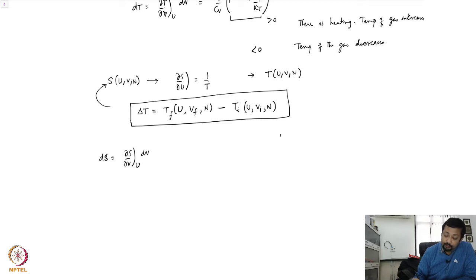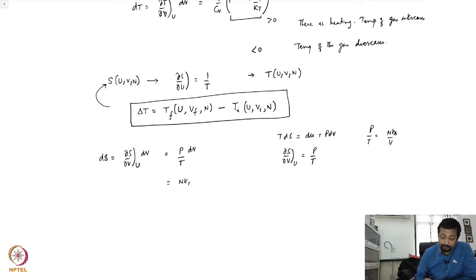And if you look at the first law, which was TdS = dU + PdV, then you see that (∂S/∂V) at constant U is actually P/T, so that you have P dV over T. But P/T from the equation of state is NkB divided by the volume, so that you have dV by V.